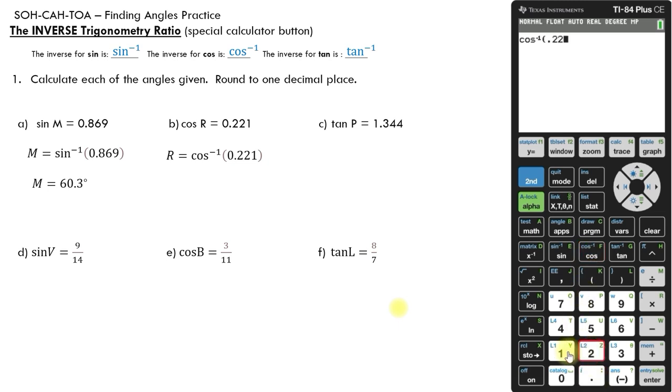We enter 0.221, click enter, and we get 77.2. Question C states that the tan of angle P equals 1.344. Therefore, the angle P by itself will equal the inverse tan of 1.334. Second function, click tan, enter 1.334, and we get an answer of 53.1.